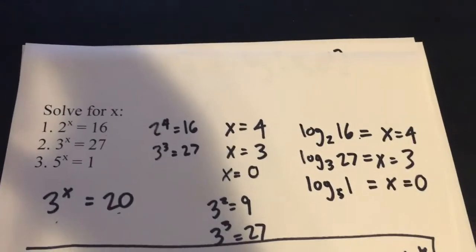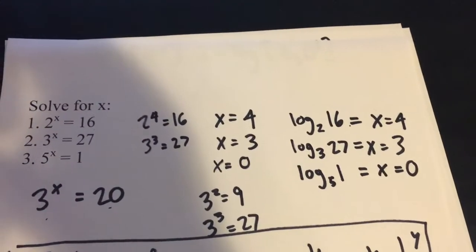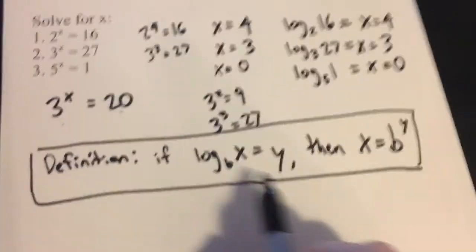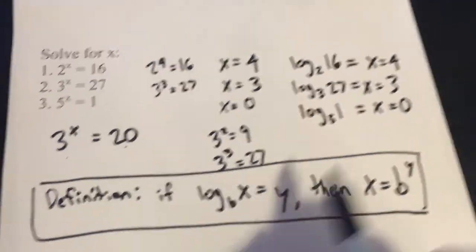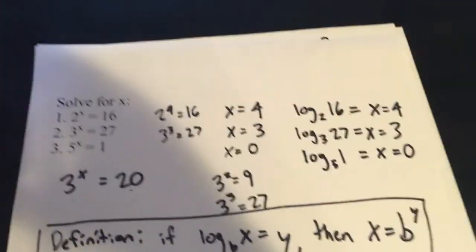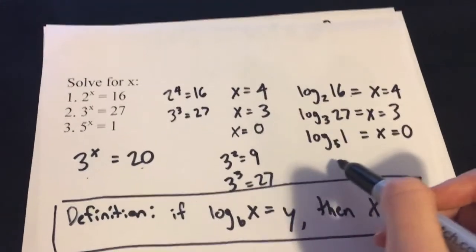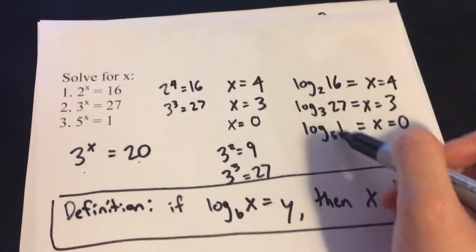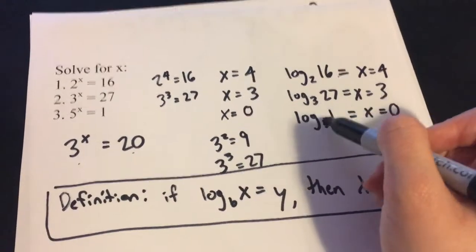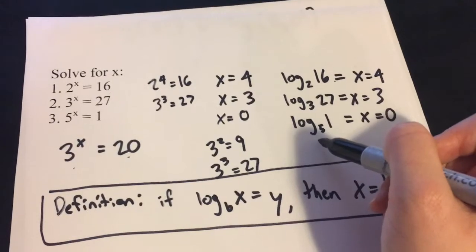Anytime you are using a logarithm, you're basically reversing an exponent. So log base 5, and you put as your base whatever you want to take the exponent of, and then this is the number that you get from this base.